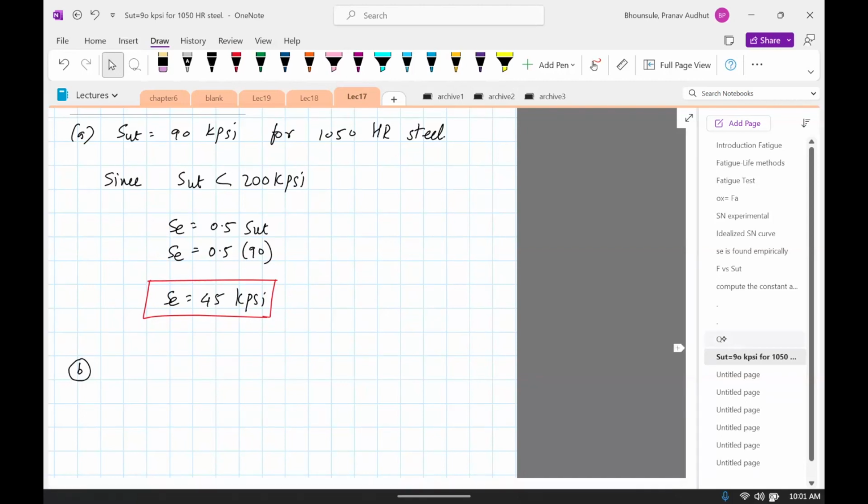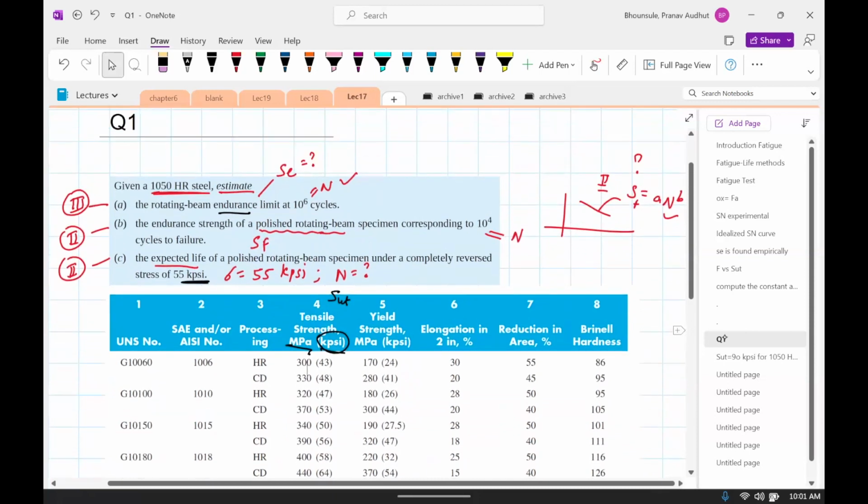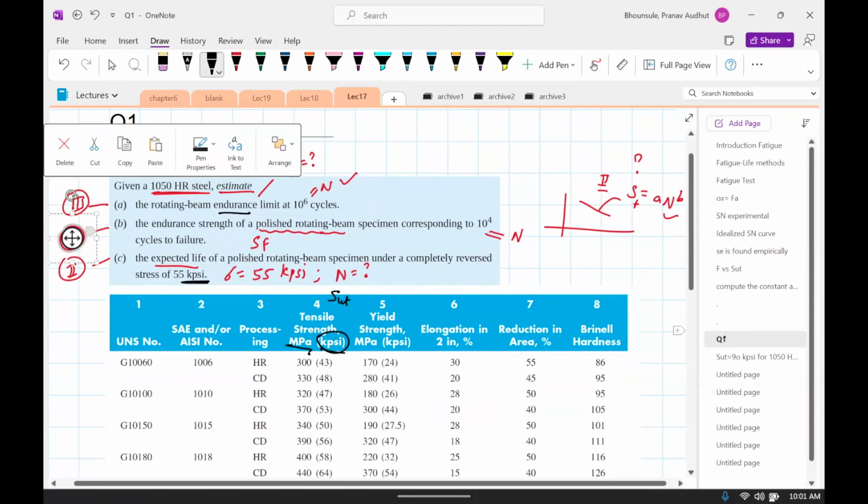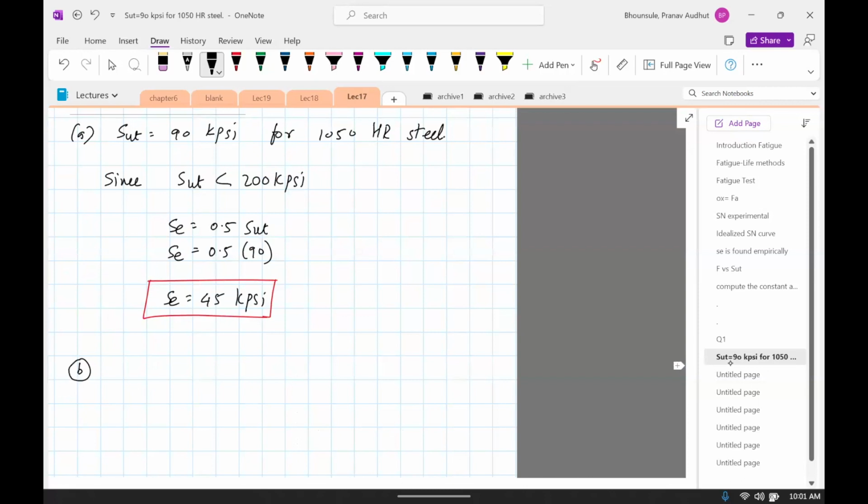The next question is compute the endurance strength of a polished specimen corresponding to 10 raised to 4 cycles. So here we are given n equals 10 raised to 4. We need to compute SF.